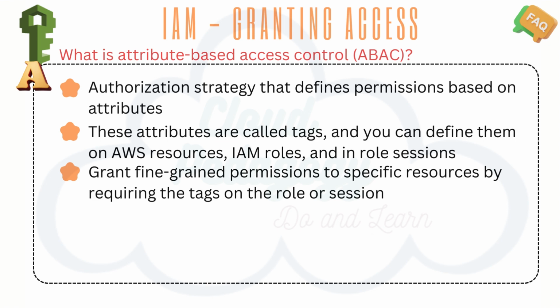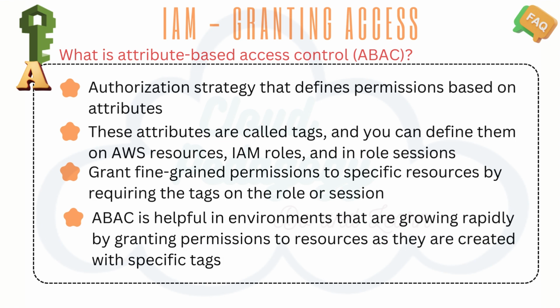You can grant fine-grained permissions to specific resources by requiring the tags on the role or session to match the tags on the resource. For example, you can author a policy that grants developers access to resources tagged with the job title like developers. ABAC is helpful in environments that are growing rapidly by granting permissions to resources as they are created with specific tags.